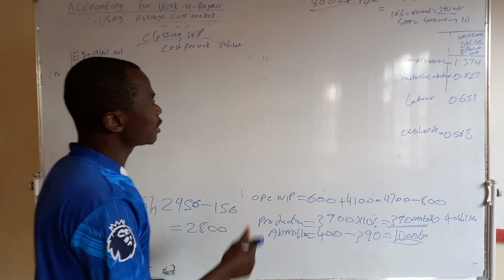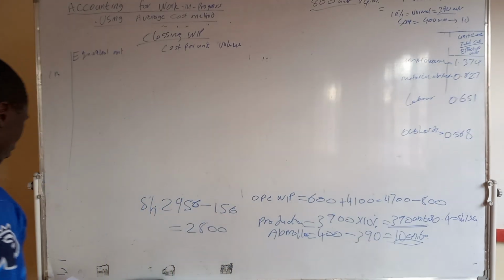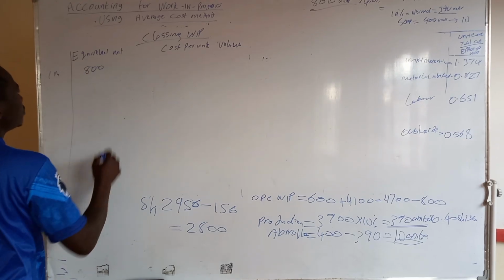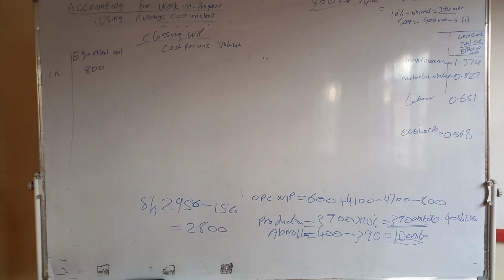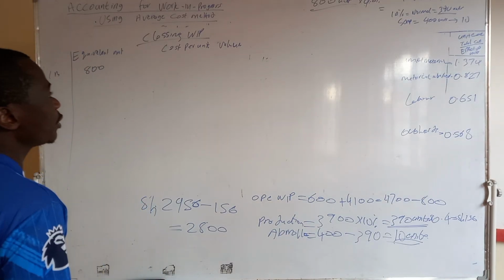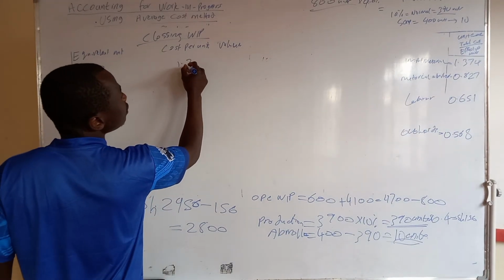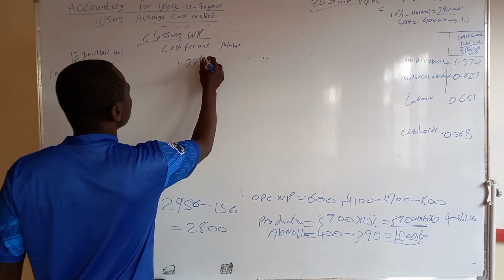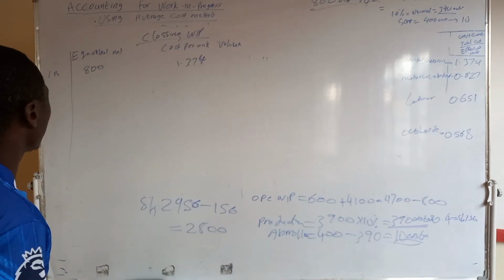The input materials. What is the equivalent unit? 800. What is the cost per unit? 1.374.